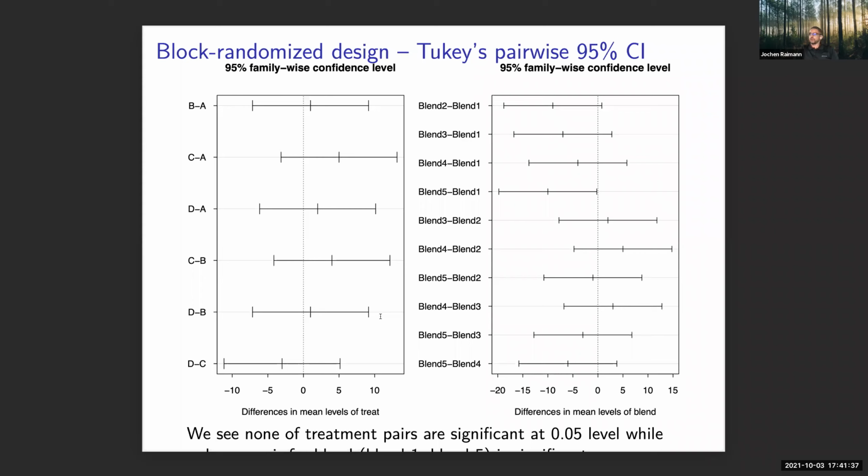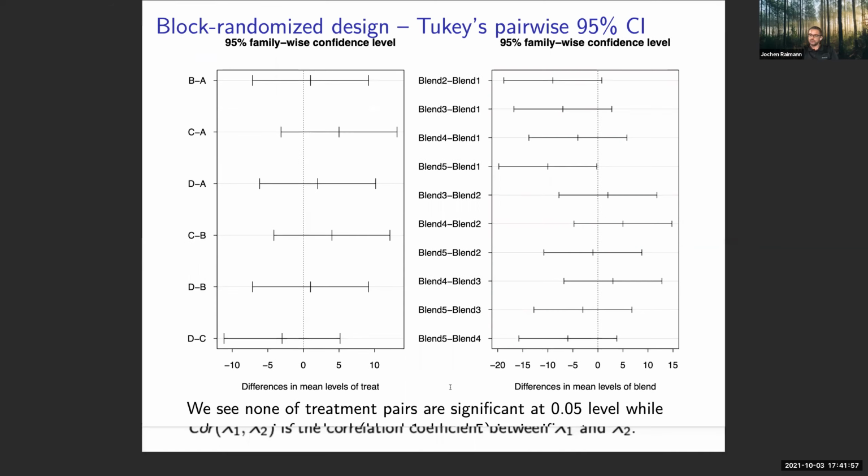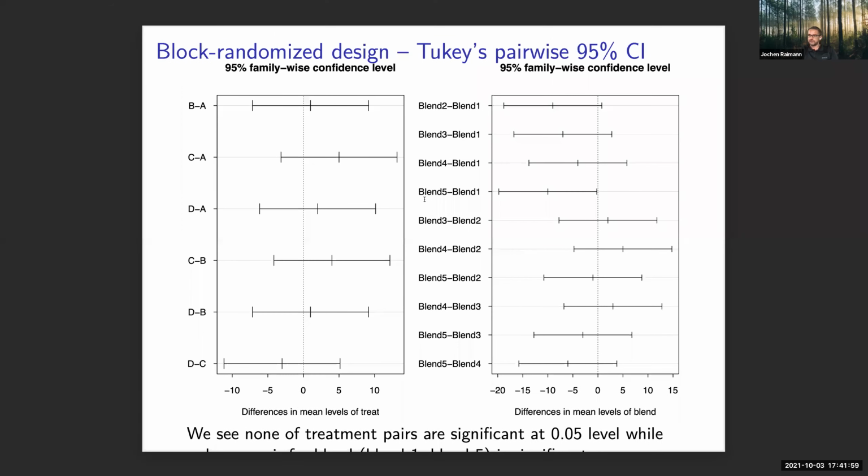You basically would show it by depicting Tukey's pairwise 95% confidence interval, which is basically then also what you can quantify using Tukey's honest significance testing. So none of these treatment pairs are essentially significant, while the blend essentially is here significant. So blend 5 minus blend 1 turns out to be significant.